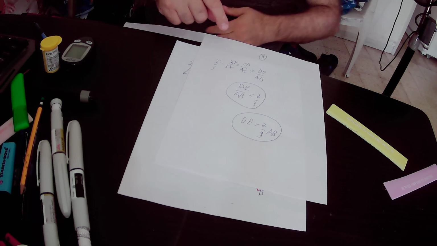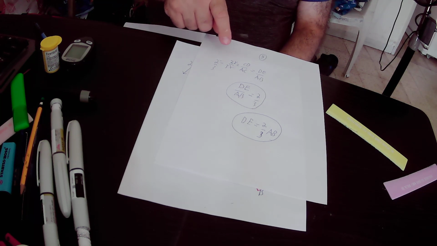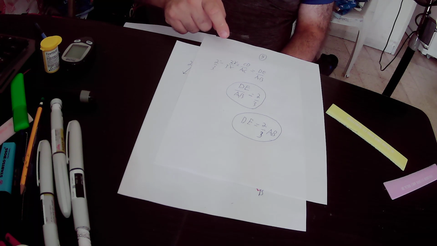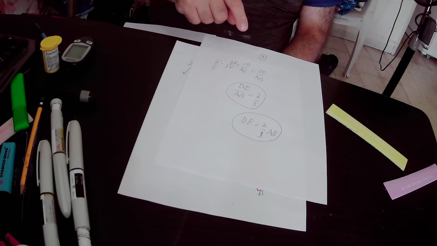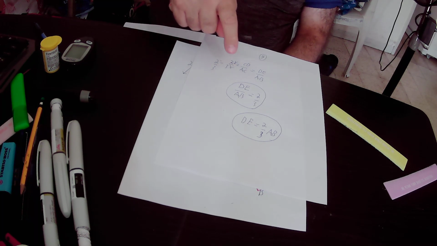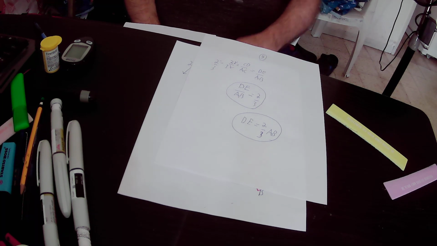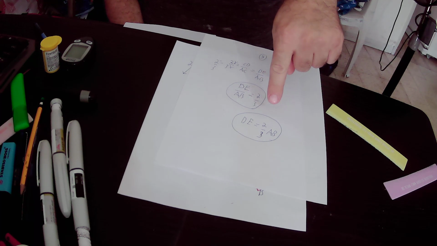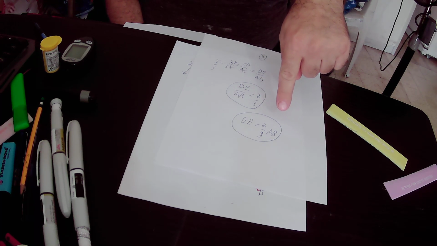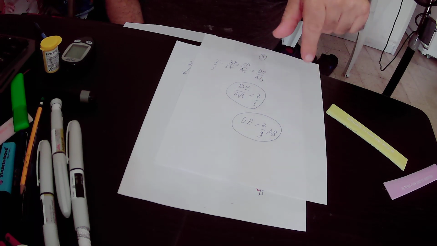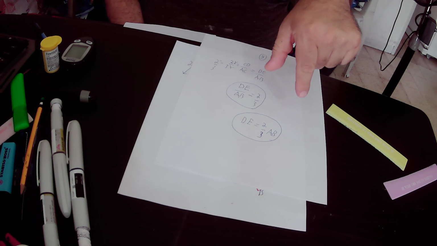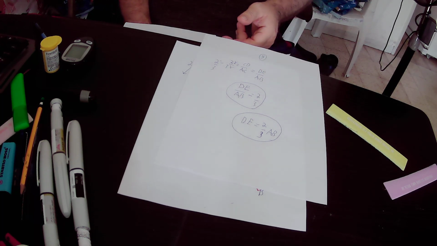So CD over AC is 2x over 3x. x over x is 1, so x gets cancelled, and we are left with 2 over 3. So we found out that DE over AB equals 2 over 3. We multiply this equality by AB, and we get that DE equals 2/3 AB. Okay?